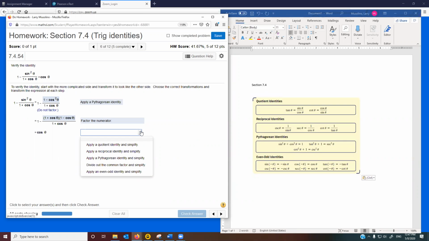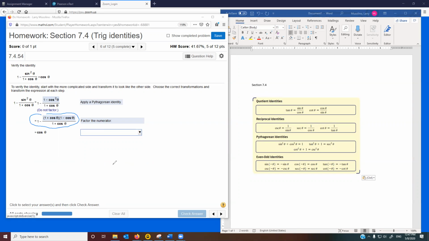Let me go back to this expression, and maybe I'll be able to figure out a little bit of simplification that can be done here. So here's what I have at this step. Let me write this down here. I have 1 minus 1 plus cosine theta, 1 minus cosine theta, all over a denominator of 1 plus cosine theta.